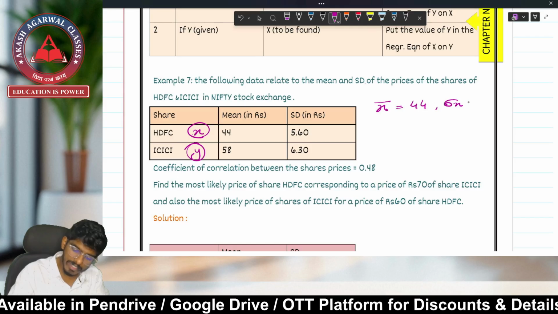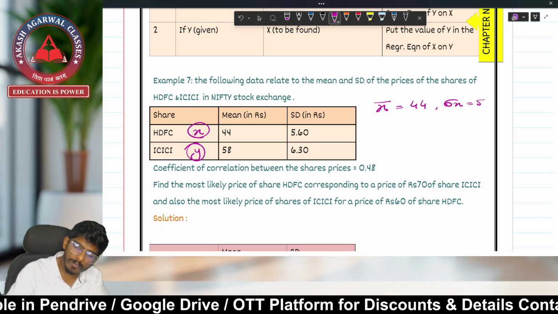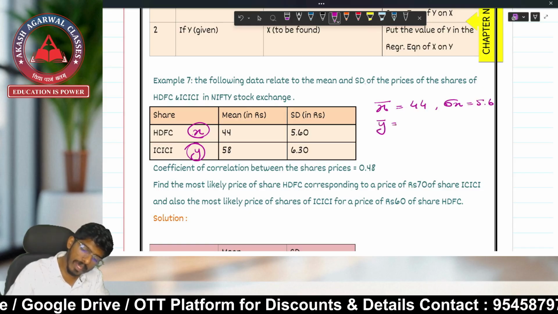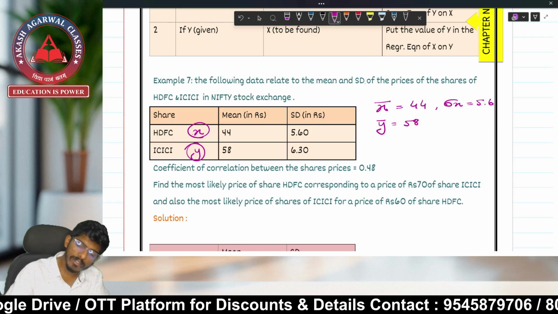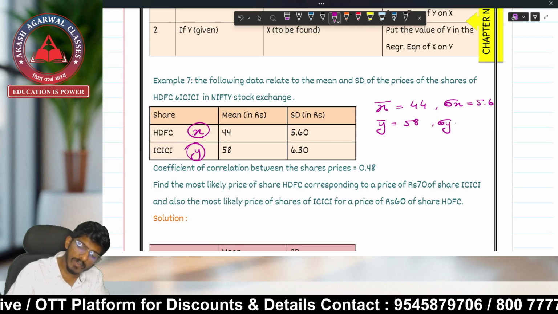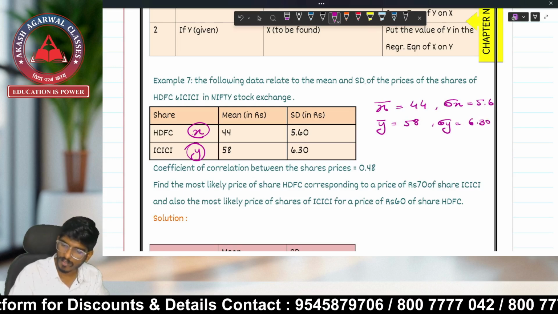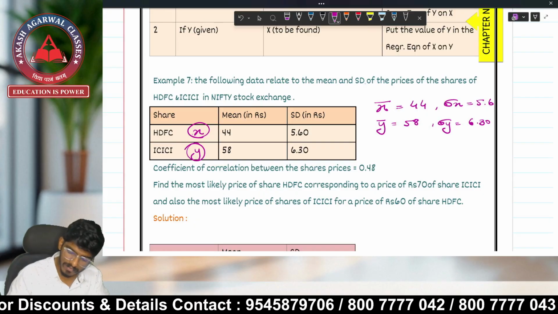They have given a standard deviation of X to be 5.6. They have given us Y bar as 58 and standard deviation of Y to be 6.30. So these are the things that they have given us.